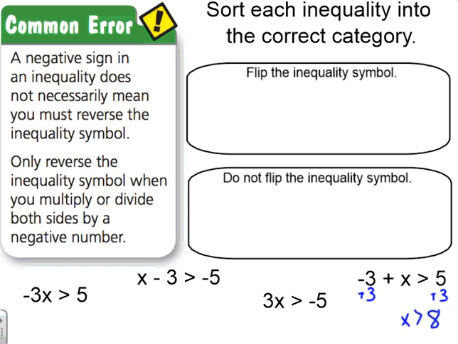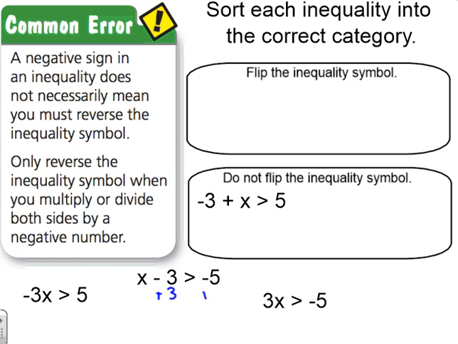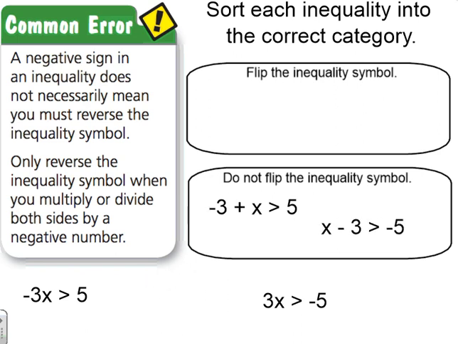And I never multiplied or divided by a negative, so I do not need to flip the inequality for that one. Okay, let's also move on to the one with subtraction. To solve this, I would add 3 to both sides. Again, I'm not multiplying or dividing by a negative, so I do not need to flip the inequality symbol.